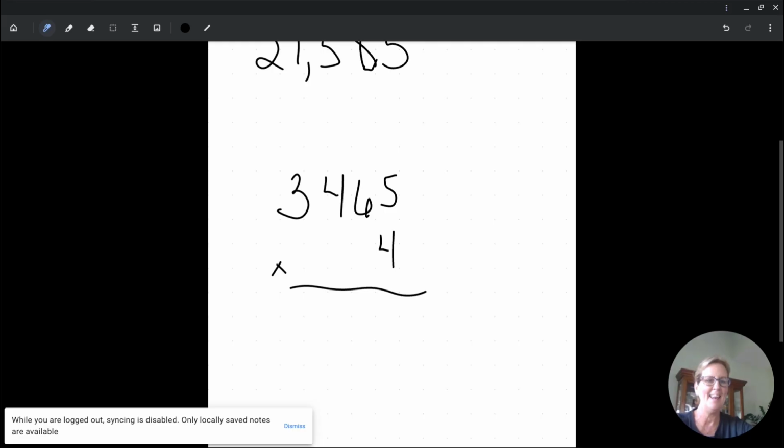Welcome back. Okay, so we're going to multiply the 4 by the 5, by the 60, by the 400, and by the 3,000. So we're going to have a pretty decent sized number. 5 times 4 is 20, 2 up above. 4 times 6 is 24, plus 2, 26. 4 times 4 is 16, plus 2, 18.